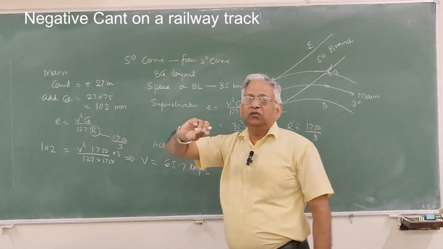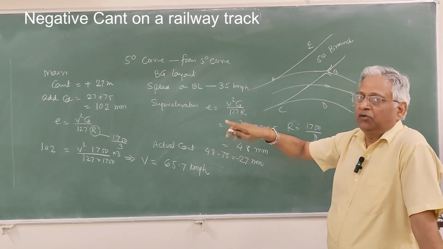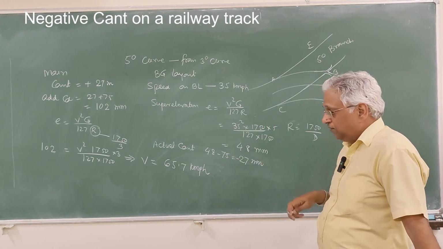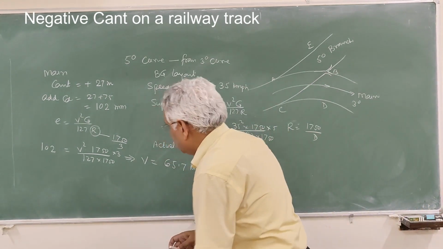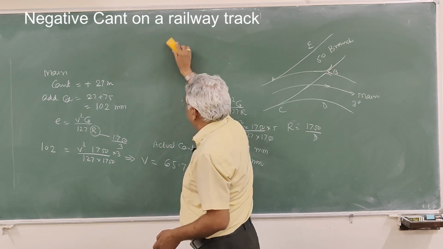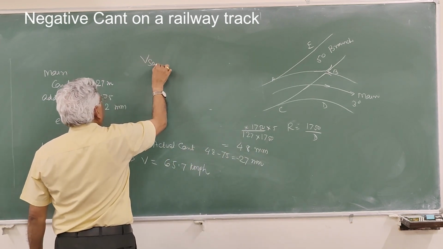But when you design a horizontal curve, the permissible speed should not be more than the safe speed. Now, what is safe speed? I will tell you a little later, but for the sake of completing this example, the safe speed is given by this equation.